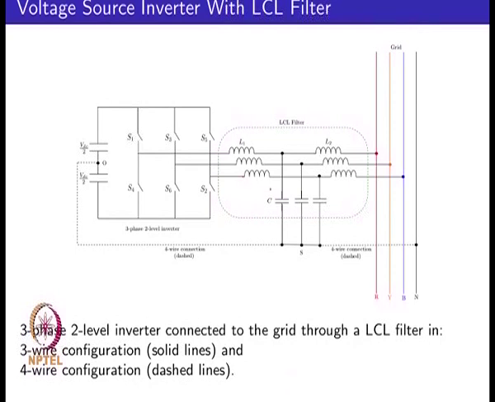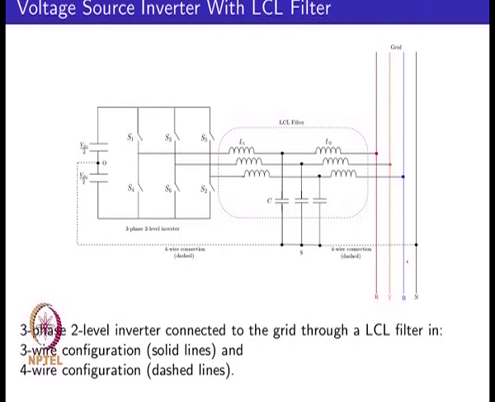You have L1 connected to the inverter side, L2 connected to the grid side, and capacitor C. You can have this as a 3-phase 3-wire configuration, in which case these dotted lines would not be present, or as a 3-phase 4-wire configuration with capacitor center tap, in which case the dotted lines would be connected with physical wires.